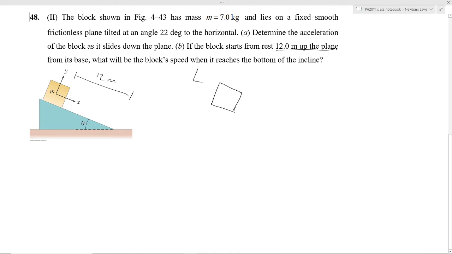The force of gravity is always pointing down. Normal force, perpendicular. And of course, now we have to remember to break this into the components in x and y. So the x piece here would be, this is theta, mg sine theta. And this would be mg cosine theta.